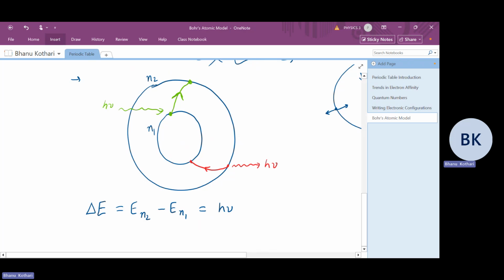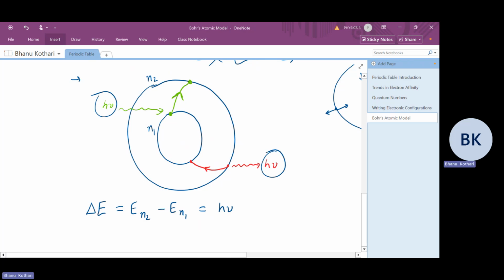That's why, if the electron moves from lower orbit to higher orbit or from higher orbit to lower orbit, the same amount of energy will be absorbed in one case and emitted in the other. The energy of the photon in both cases must be equal. This is the Bohr frequency condition.